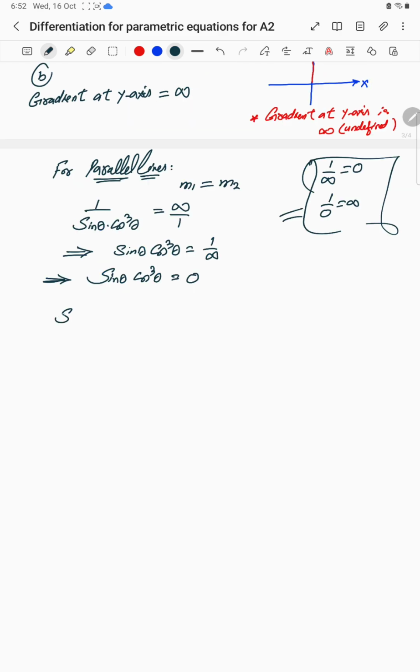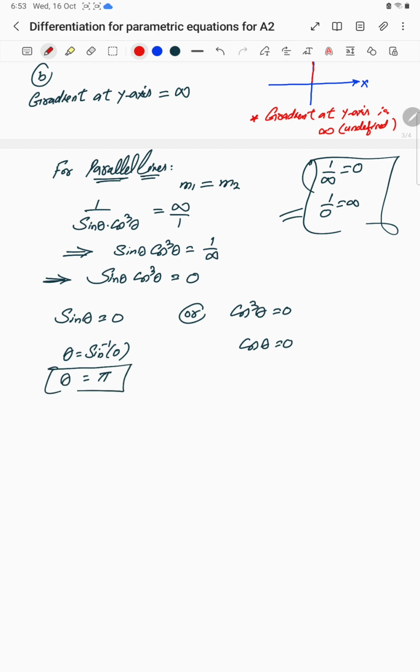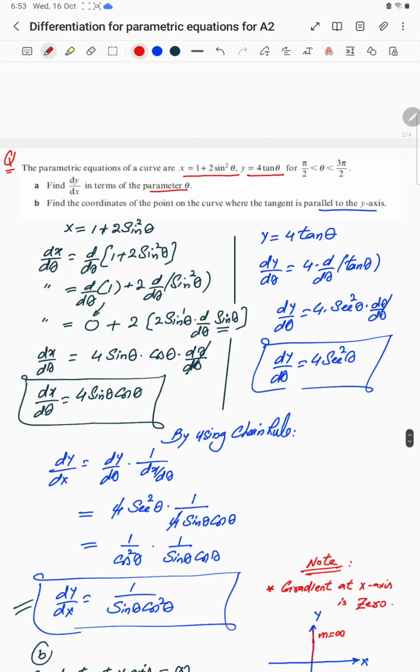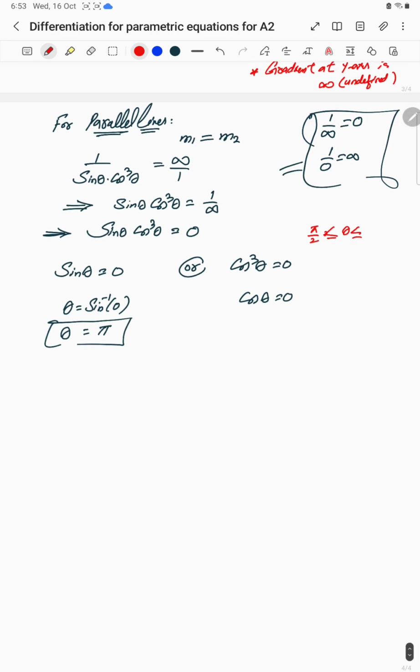Now from here we have to find theta. Either sine theta is 0 or cos cube theta is 0, that means cos theta is 0 or sine theta is 0. So from sine theta, theta will be sine inverse of 0, that can be 0 or pi, because the given range of the angle was pi by 2 less than theta less than 3 pi by 2.